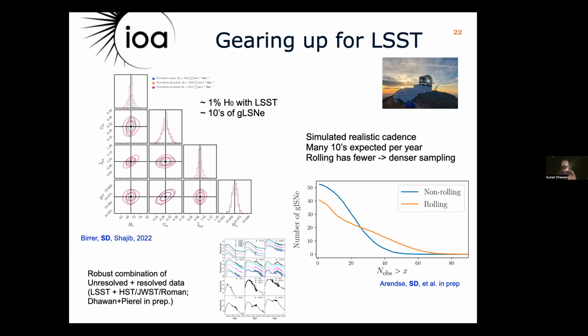We've also done realistic simulations of the LSST cadence. So this is saying we do need this for H0, but can we really find it? This is with extremely realistic and precise simulations of LSST's observing strategy. And we find that regardless of which observing strategy we have, whether it's uniform across the sky or repeated measurements in patches of the sky, we would expect a few tens of supernovae per year, and that would be sufficient to give us the sample for H0.